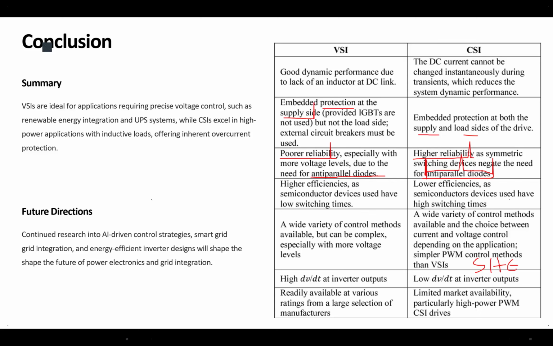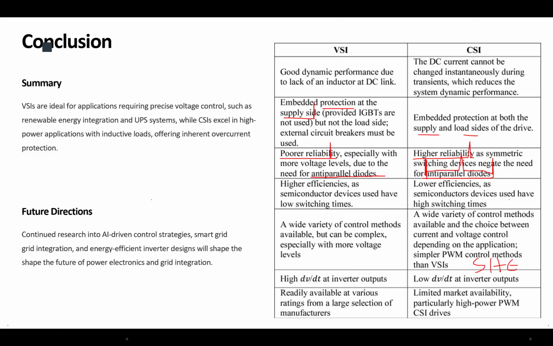So how does the CSI mitigate that starting difference in the current for an inductive motor? The CSI would regulate the current. Inherently, it would not allow the change in the current. When you want to drive an inductive load like a motor with a CSI, if you use a VSI, you could very quickly start the motor and put it at the desired speed.